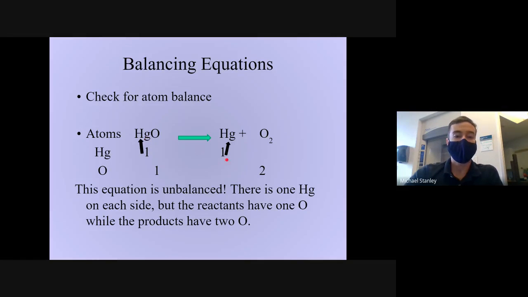So we have one Hg on either side, one O on the reactant side, but two O's on the product side. Because this O is a 1 and this O is a 2, that makes this equation unbalanced. We don't have the same number of oxygens on either side.